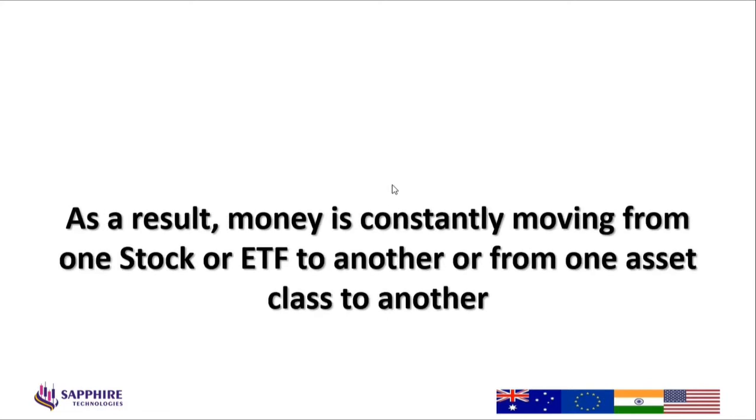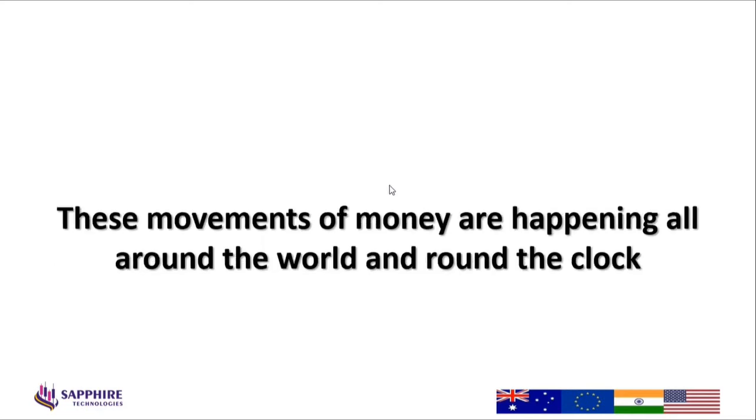As a result, money is constantly moving from one stock to another, one ETF to another, stock to ETF, ETF to stock, or from one asset class to another, for example gold to stocks, or stocks to gold, and this keeps on happening all the time. These movements don't happen in only one country. It's happening around the world almost all the time.